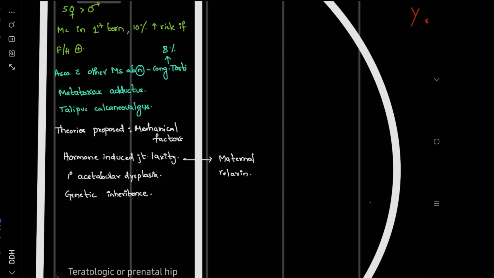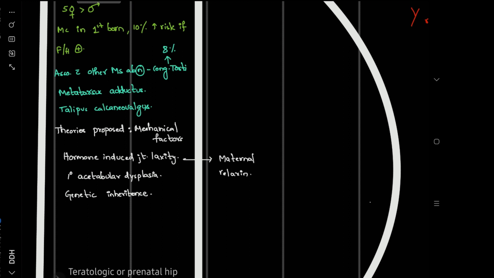When it acts on the baby, the joint capsules and ligaments become very lax, and that can lead to easier dislocations. The other proposed theory was primary acetabular dysplasia and genetic inheritance. Genetic inheritance refers to family history and also other chromosomal abnormalities associated with syndromes.